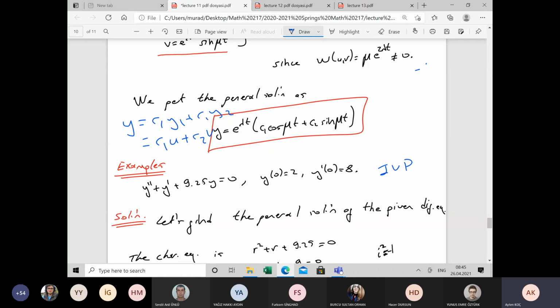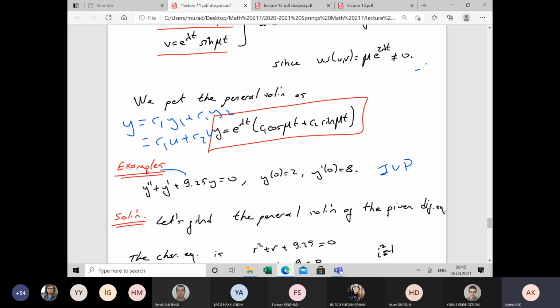So how to solve the initial value problem? We know that every initial value problem has a unique solution. Solving the initial value problem means first solving the differential equation, so we obtain infinitely many solutions, and then choose the one that satisfies the initial conditions.